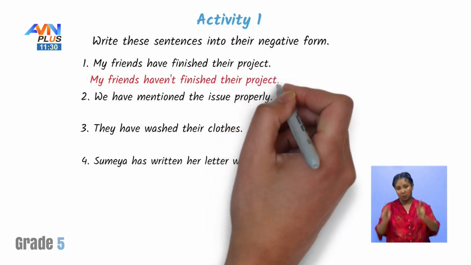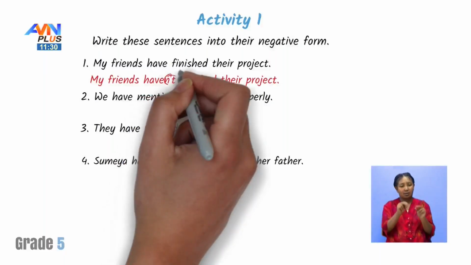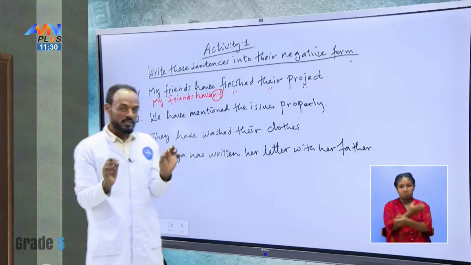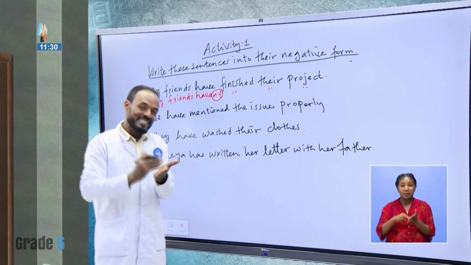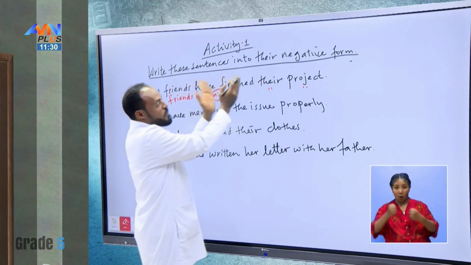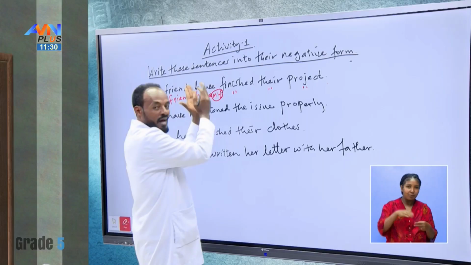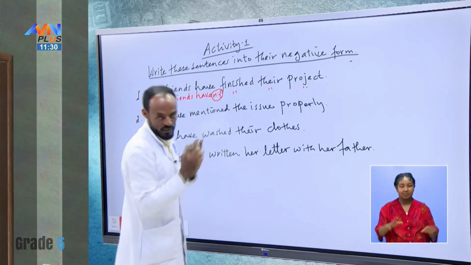Look, we simply add what? Not here. Don't worry. When we say negative, we mean adding not between have or has and the main verb. Okay? Between have or has and verb 3.